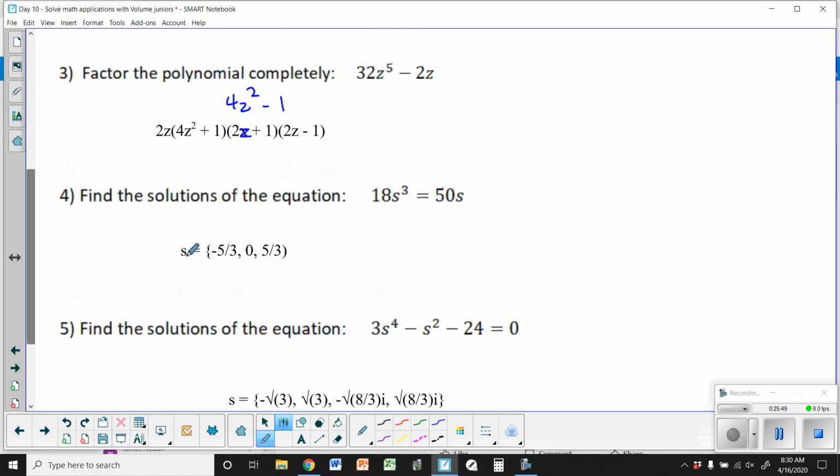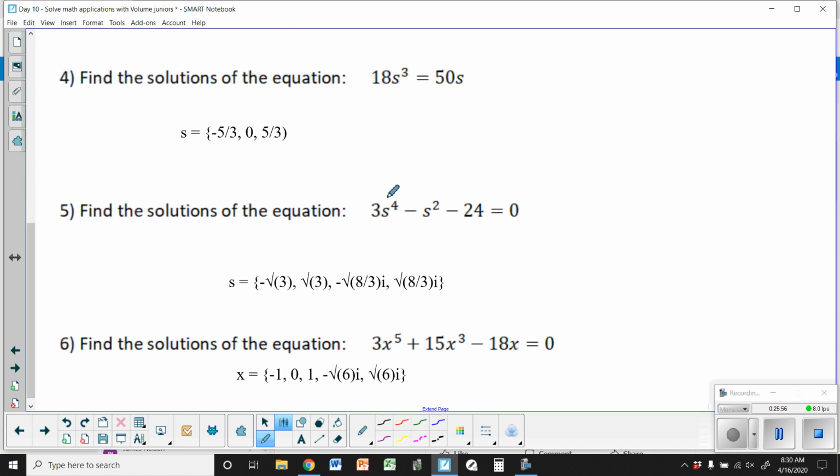All right, and then for this one, we had 4 solutions, so that's what we have. These are square roots here. So those are all square roots. And this is actually, let me rewrite this out. So it's negative square root of 3, square root of 3, and then negative square root of 8/3 times i, and square root of 8/3 i.